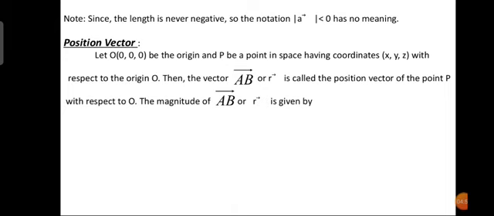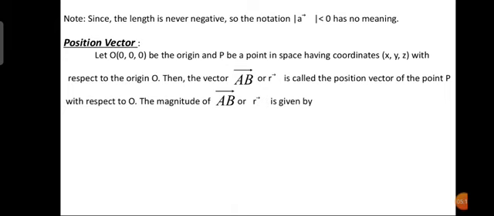And what is the position of a vector? You know the 3D plane, X, Y, Z, three dimensions. Let O (0, 0, 0) be the origin and P a point having coordinates X, Y, Z with respect to the origin.